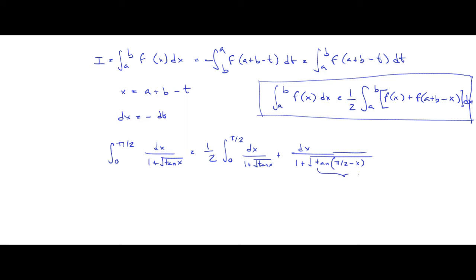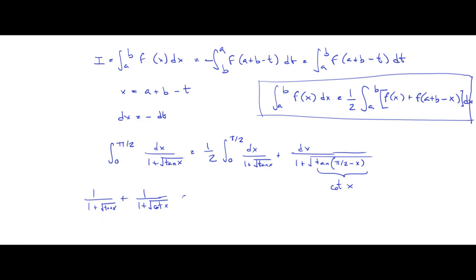Now we need to know that this is going to be equal to the cotangent of x, because the sine of pi over 2 minus x is going to be the cosine, and the cosine of pi over 2 minus x is going to be the sine. And so now we have to integrate 1 over 1 plus the square root of the tangent plus 1 over 1 plus the square root of the cotangent between 0 and pi over 2, right?